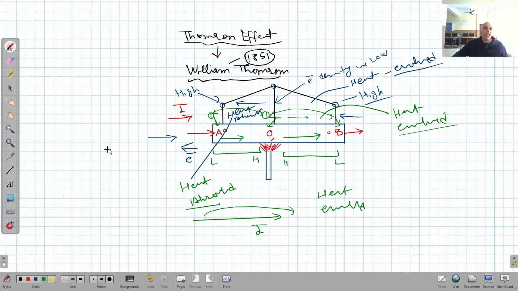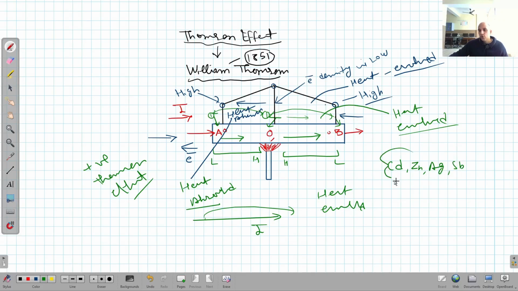So we call this type of effect a positive Thomson effect. So when the heat is transferred along the direction of the flow of electric current, then this is called positive Thomson effect, right? The other metals that show positive Thomson effect are cadmium, zinc, silver, and antimony.